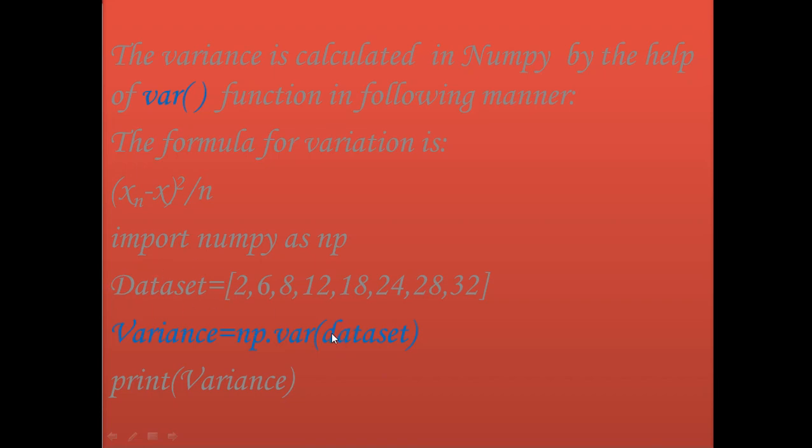The spelling here, I have written a small d, it should be a capital D because the variable name can't be changed. So np.var, within the bracket, data set. If it is an array name, then we will write the name of the array here. And print variance, then the variance will be calculated. So this is how we will be using the var function.